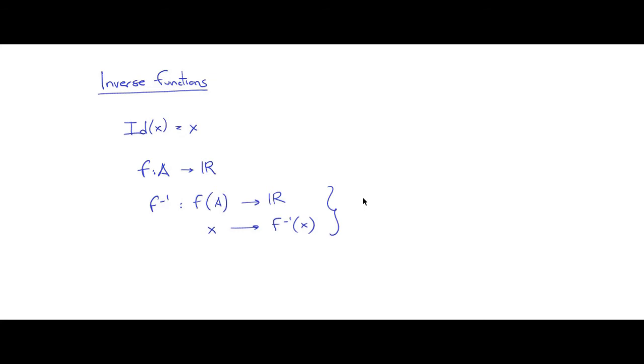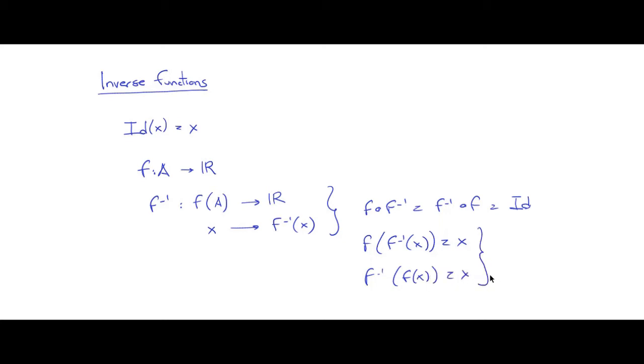But the property is that when you compose these two functions, f composed with f^-1, and in this case you have a commutative property, what you get is the identity. So f of f^-1 of x is x, and f^-1 of f of x is x as well. So I have x and y, x is mapped to y by f, then y is mapped back to x by f^-1.